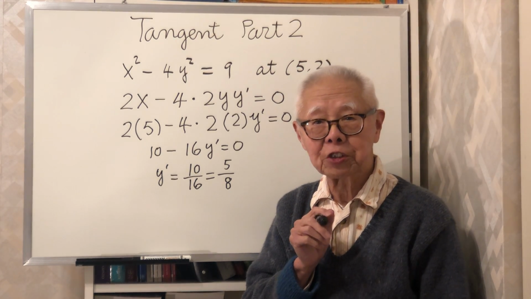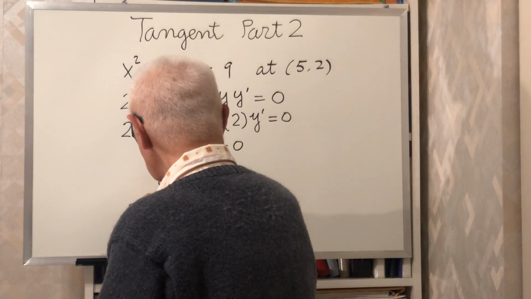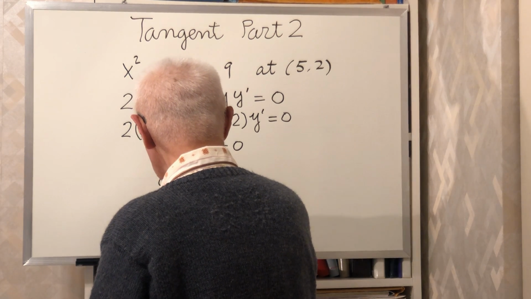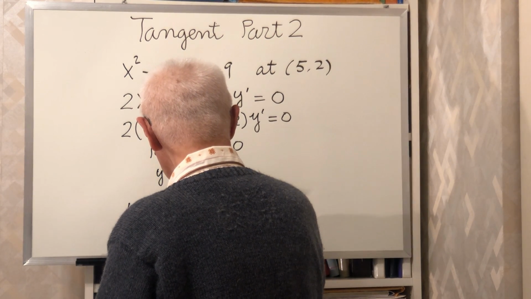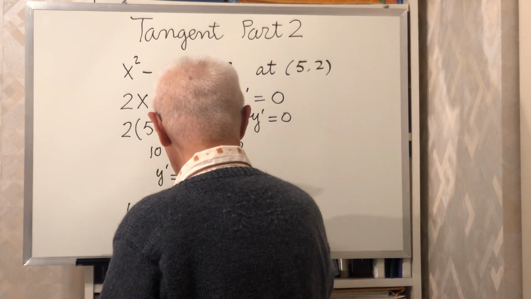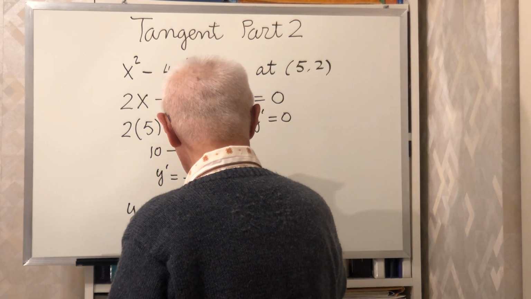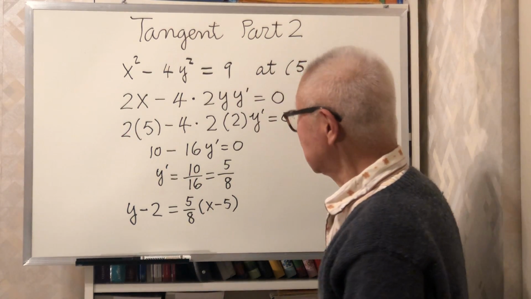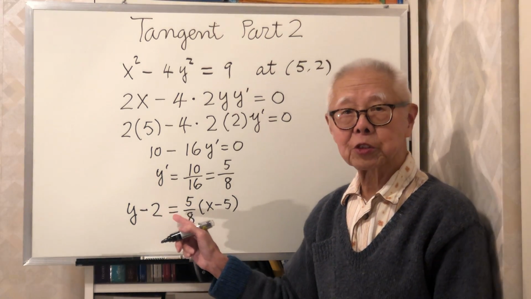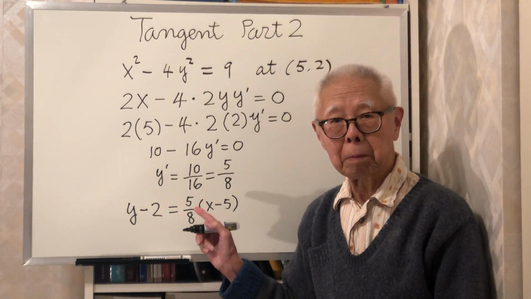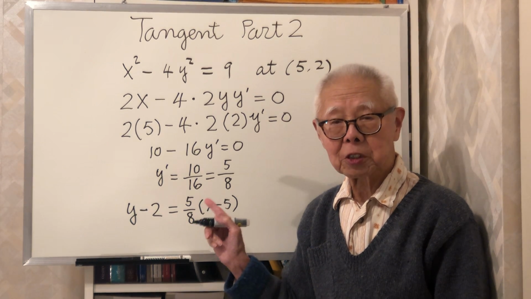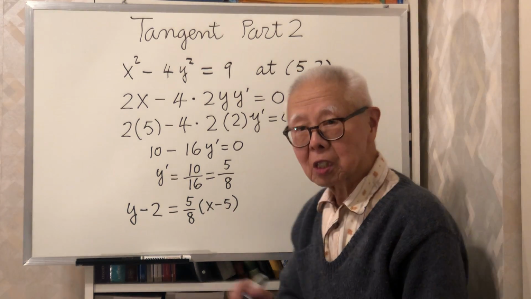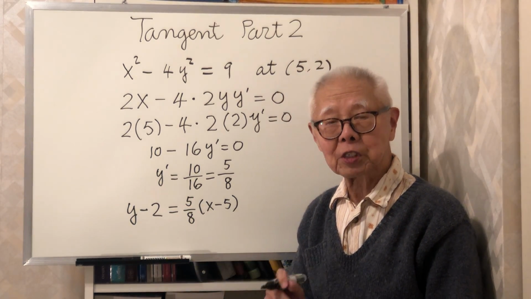So use point slope form. The equation of the tangent is y minus y1 equals m bracket x minus x1. So this is the equation of the tangent.